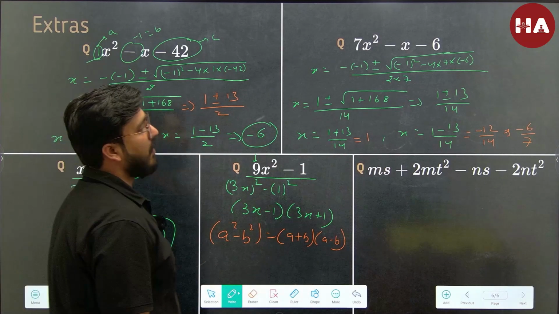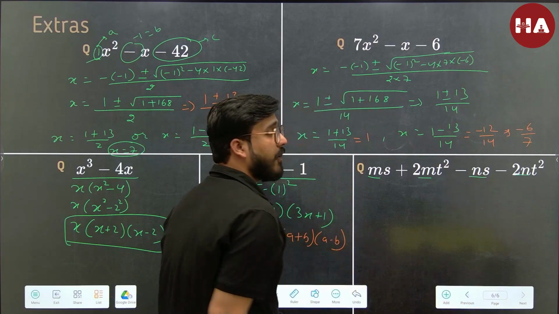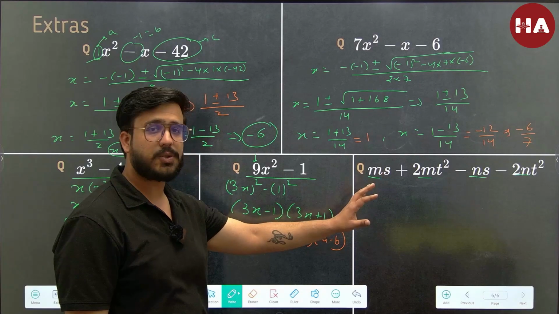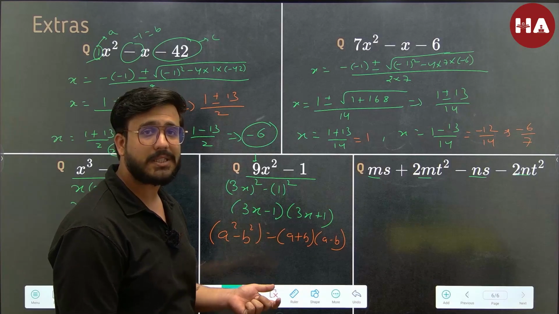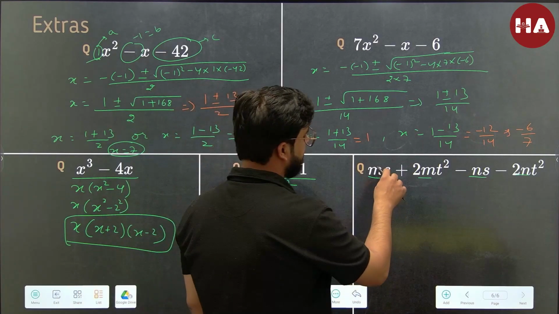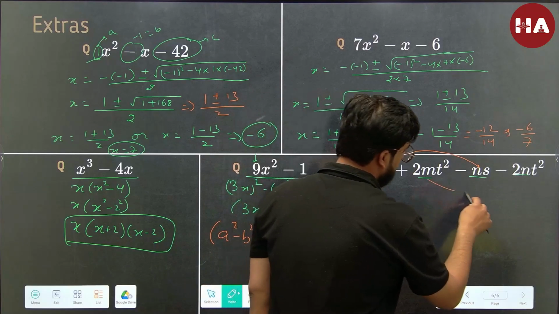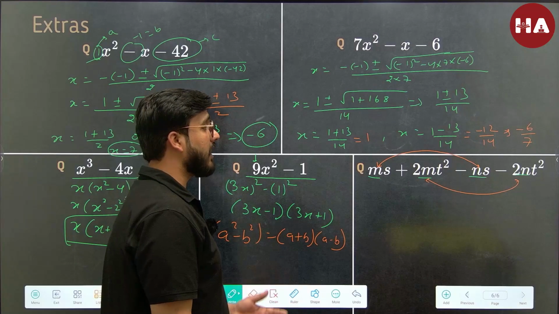Okay, now here in the next question we have been given 4 variables, and what you have to do in these types of questions, students, is just rearrange and make sure that the value under the bracket is coming to be the same. So I can see that if I am rearranging ms and ns and these two values, I might get a similar value in the bracket.